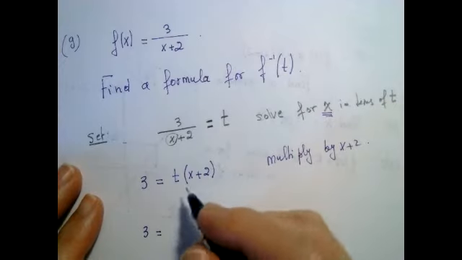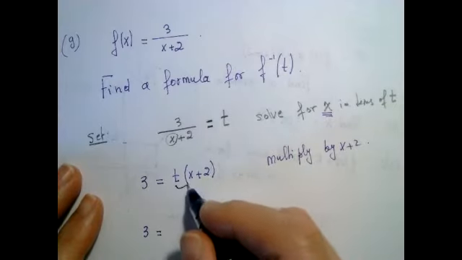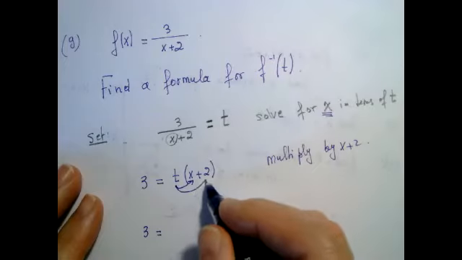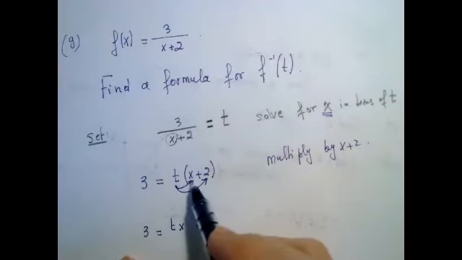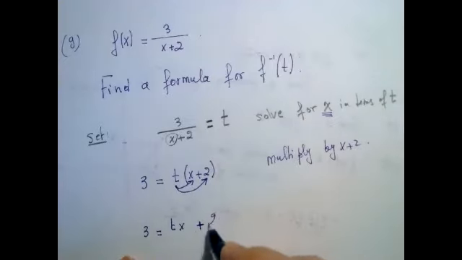How do I get this? So I need to distribute. Wouldn't that be stuck as tx though? No, it's tx plus 2t. I need to distribute.